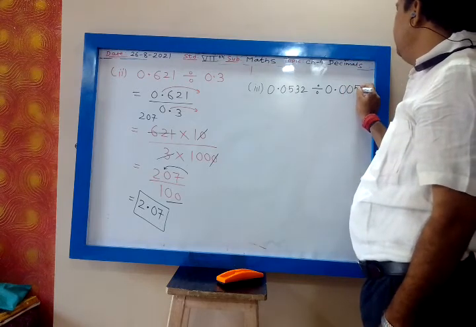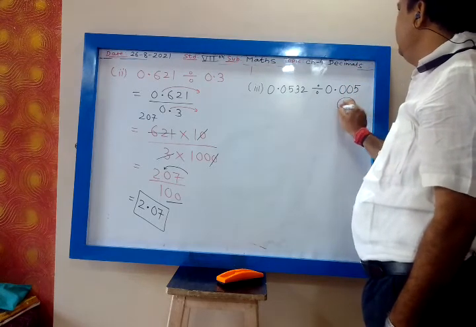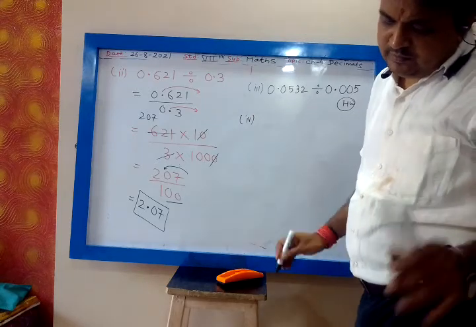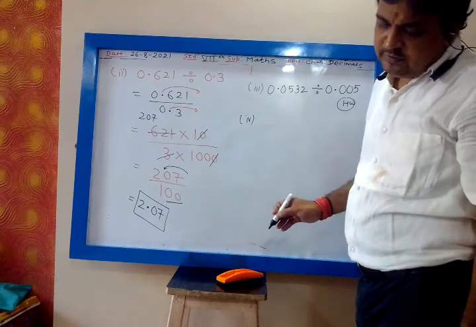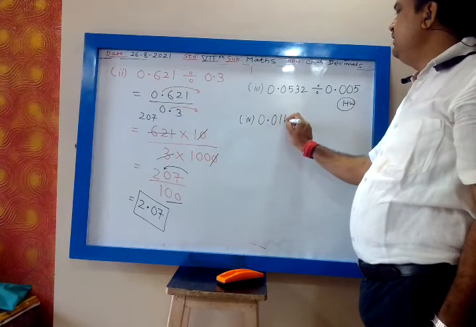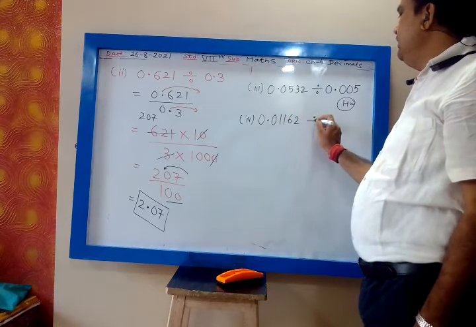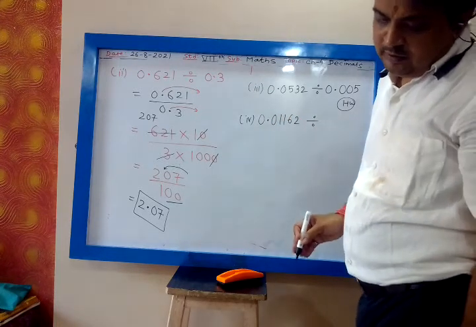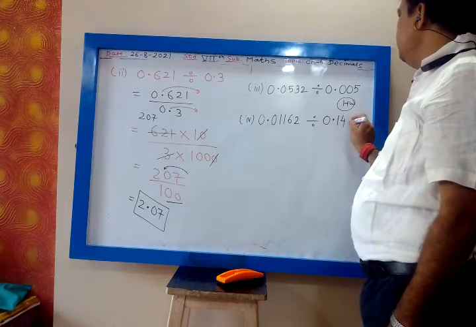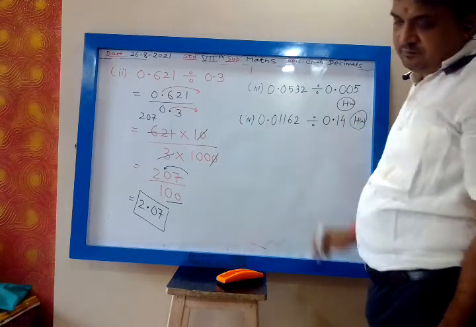Should I give this as homework, my dear? Yes, homework, an easy one. Then the fourth one: 0.1162 divided by 0.14, the same kind. So let me give this also as homework.